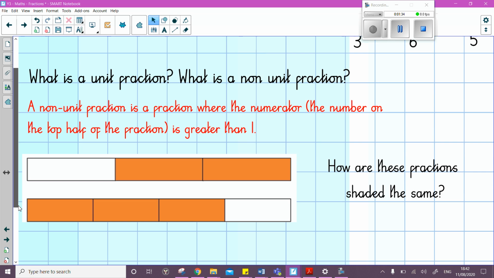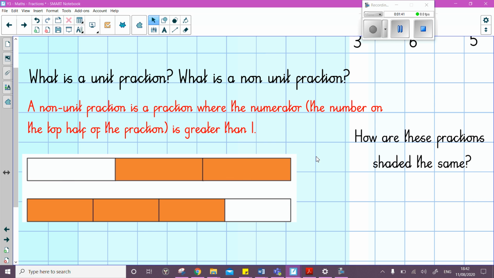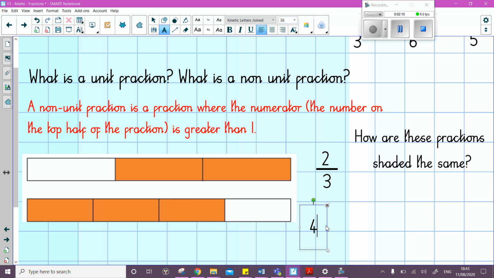So knowing that, I want you to have a think: how are these shaded fractions the same? Well, let's first identify what fraction is shaded. Here we've got this rectangle split into 1, 2, 3 equal parts. So my denominator is 3, and it has 2 shaded orange, so the numerator is 2. So shaded there are 2/3. If we look at this second rectangle, it is split into 1, 2, 3, 4 equal parts, and the denominator is 4.